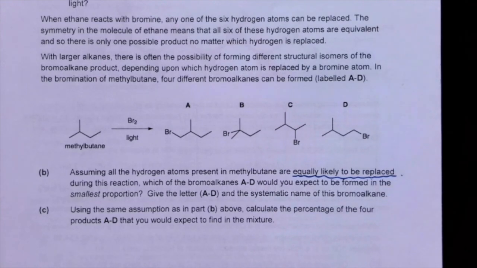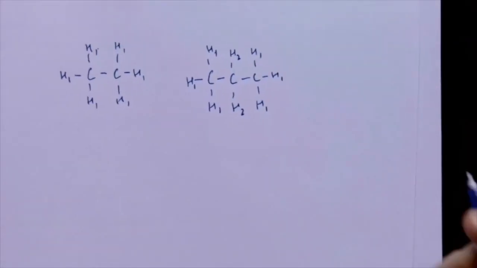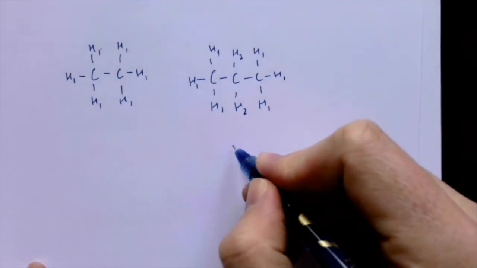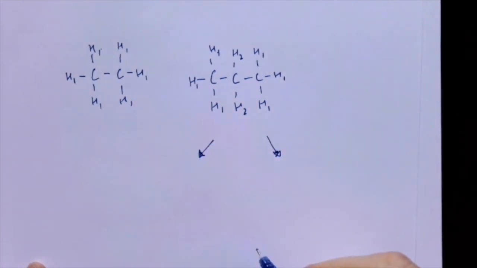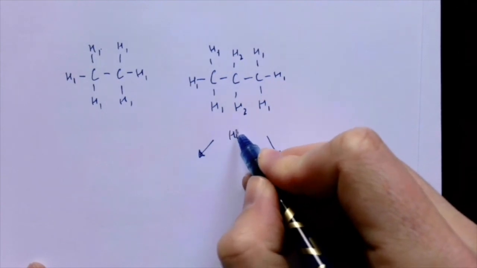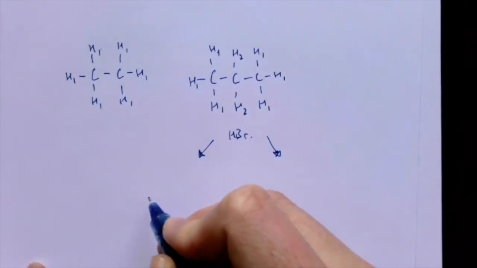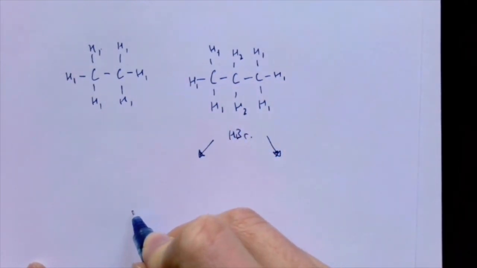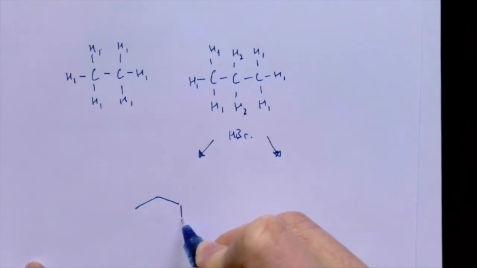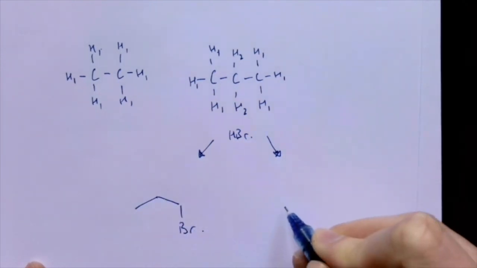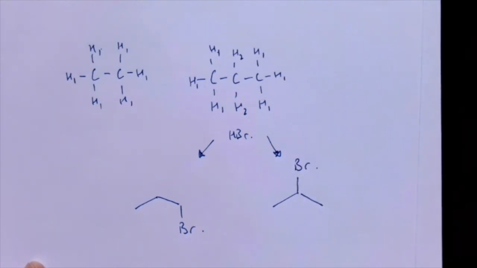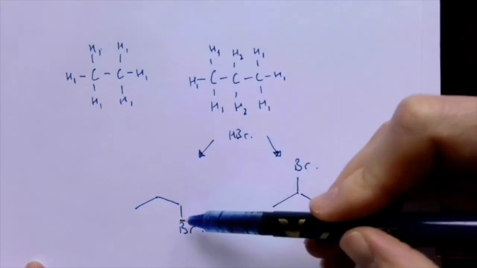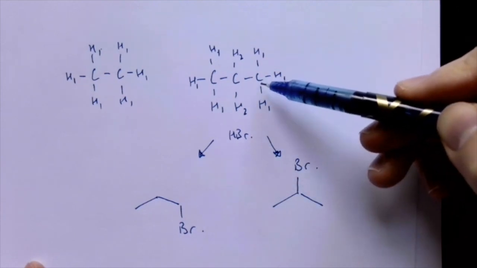To give you an example of how that would work, if we go back to my example of propane, I can form 2 different isomers if I react that with HBr. I can form either this bromoalkane or this bromoalkane.